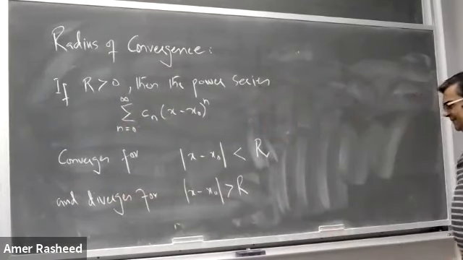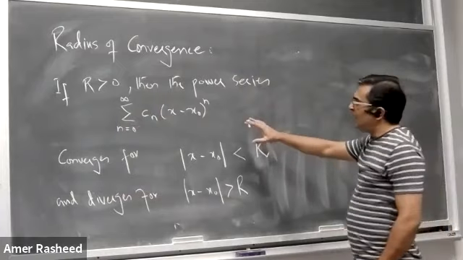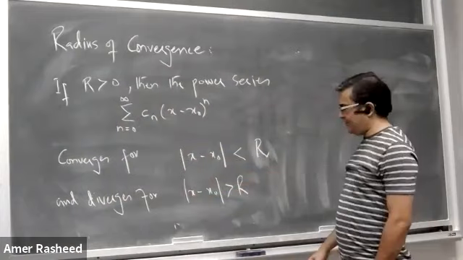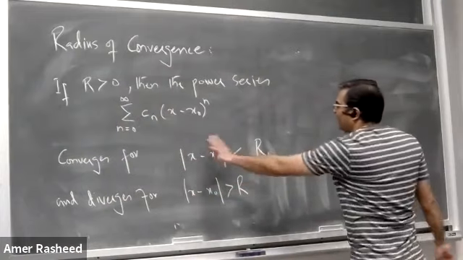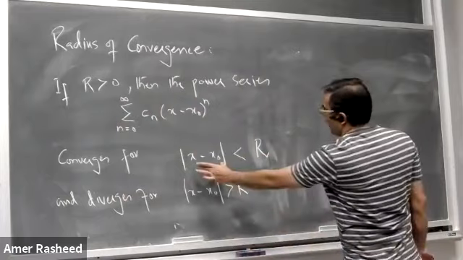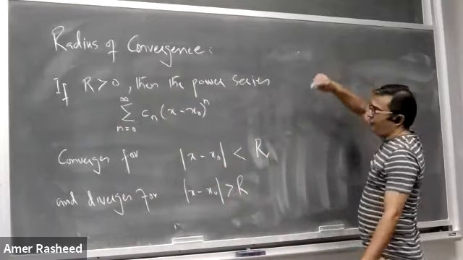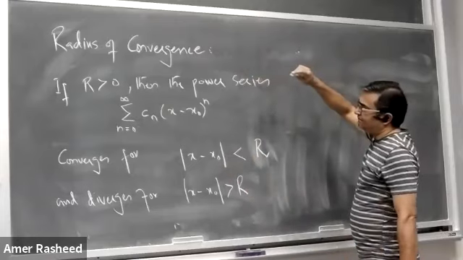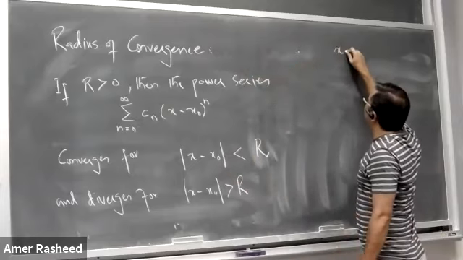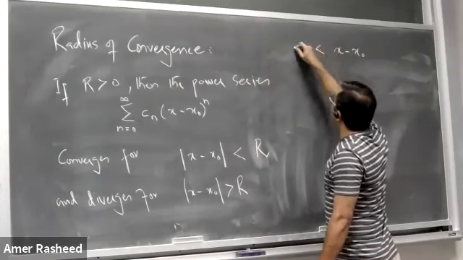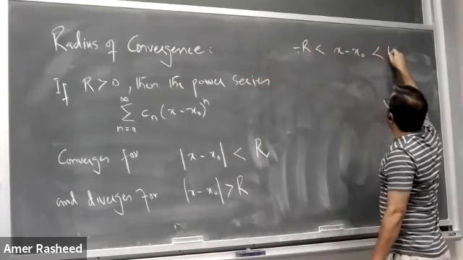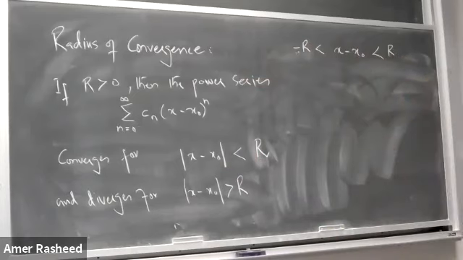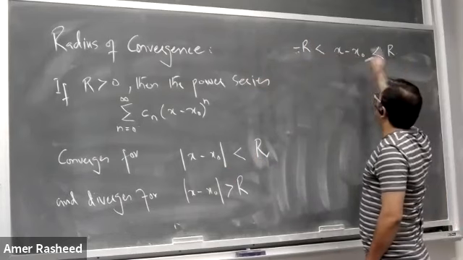So this is an interval of convergence. This is how we can define the interval of convergence if we have an absolute value here. Of course, using the properties of absolute value functions, we can write it in this form: x minus x naught is greater than negative R and less than R. Now we add x naught on both sides.